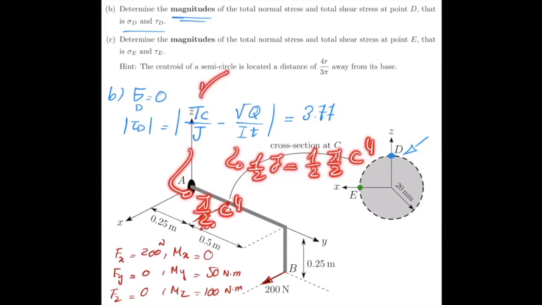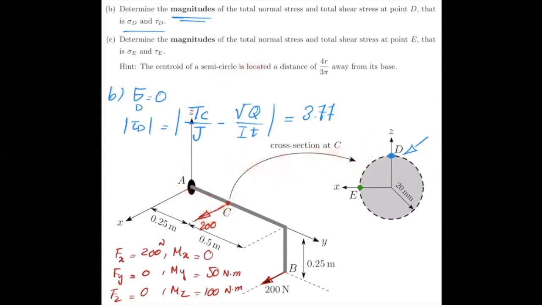And T is the torque, which is the moment with respect to y-axis, that's your 50. Okay, so that's what you have. And basically, if you insert the numbers, you get 3.77 megapascal.